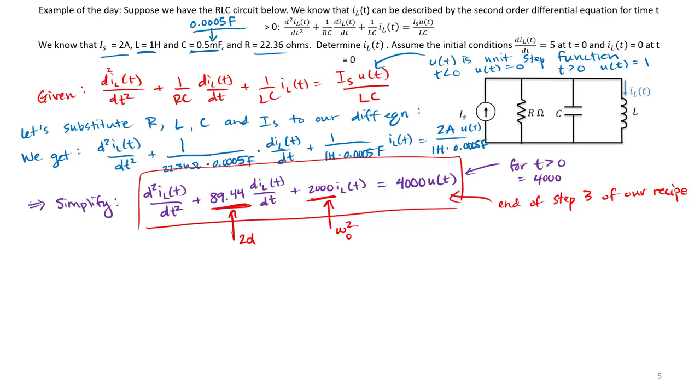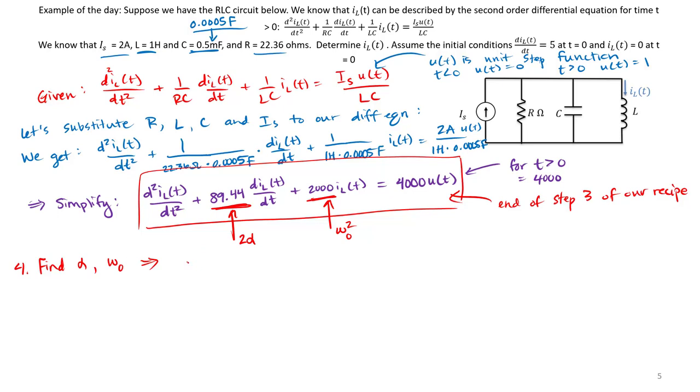That comes from comparing our second-order differential equation to the general form. So in step 4 of our recipe, we find alpha and omega naught.